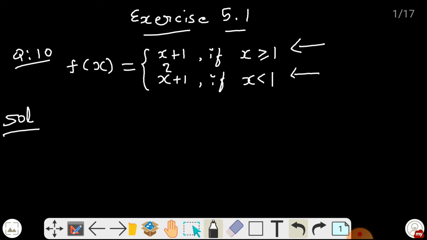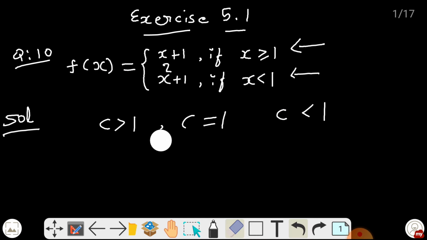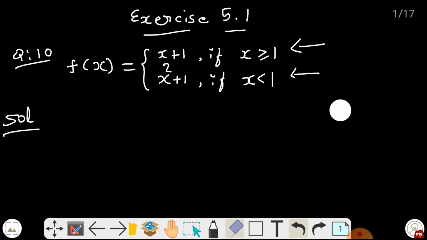So here we have three cases: c is less than 1, c is equal to 1, and c is greater than 1. Let us start with c is less than 1, then we will continue with c is equal to 1, and then c is greater than 1.